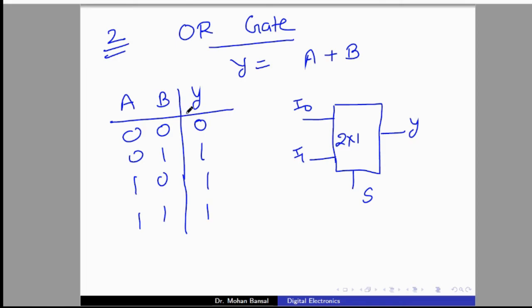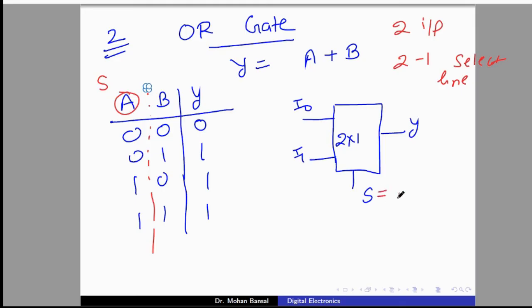Either A or B. We can choose any one, it's up to you, but the easiest way is to always choose the left side slack lines. Always choose n minus 1 slack lines. What is the meaning of n minus 1 slack lines? If we have n number of inputs in the expression, like here we have two inputs, choose 2 minus 1 slack lines. So 1 is the slack line, which is A. A is our slack line here.